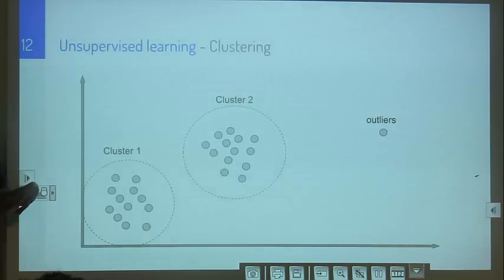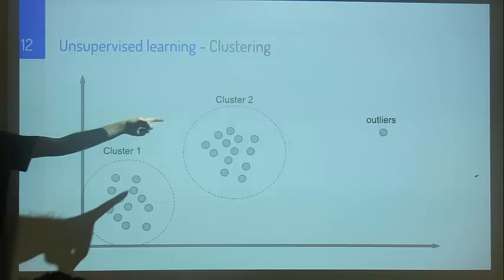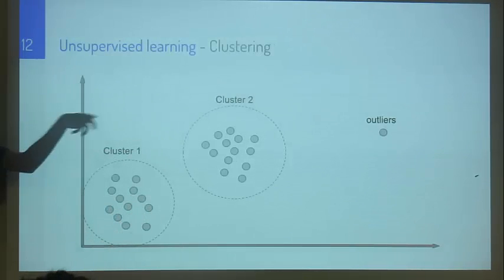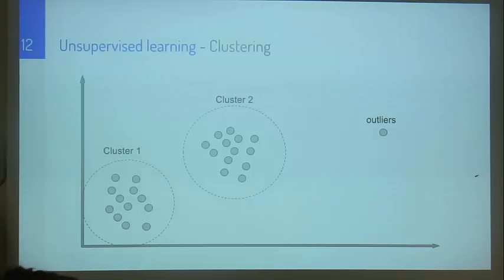And sometimes you get outliers, right? In your data set, there are some data that can't be classified into any cluster, right? Those are called outliers. These outliers are used in fraud transaction detection in banks, right?